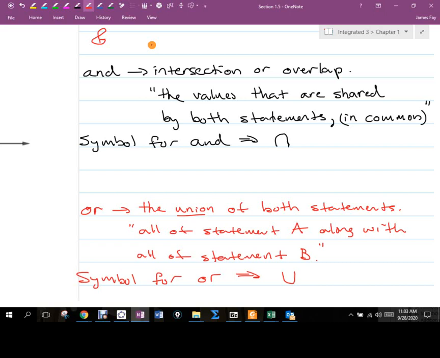The way I remember them, this one's a union, right? Union, and that looks like a U, correct? So that's how I remember which one's which, okay? This one's intersection, and this one kind of looks like an N, right? Intersection. So those might be some ways of linking them in your mind to remember which one's which.